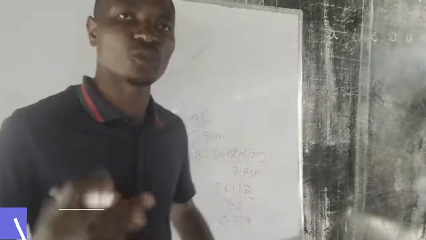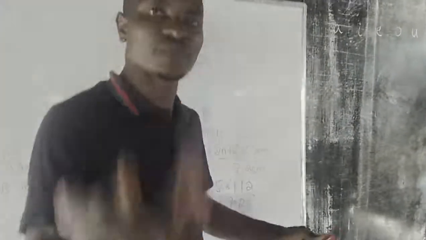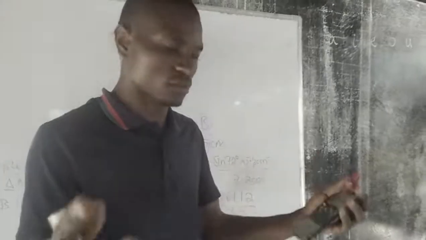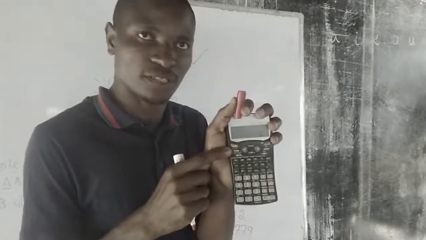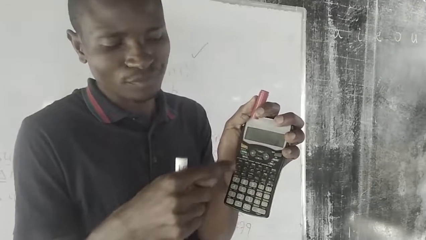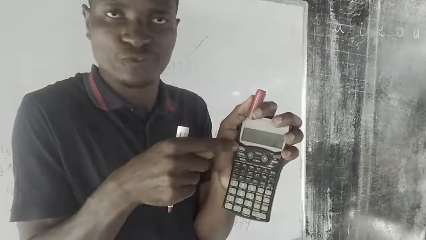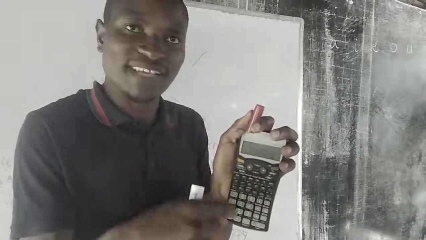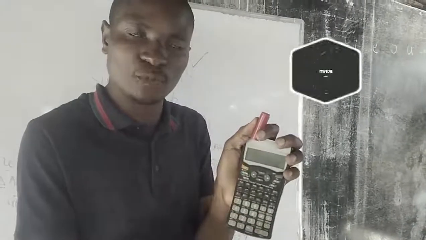What you do is you punch first of all shift, it's an orange button, and then you press sine. Okay. Then in brackets you press 0.779, close bracket, and then you press equals.